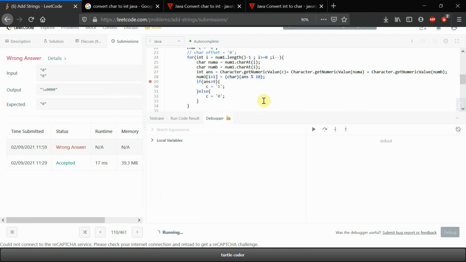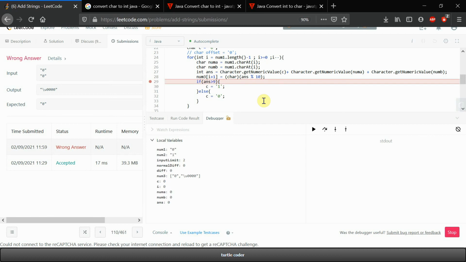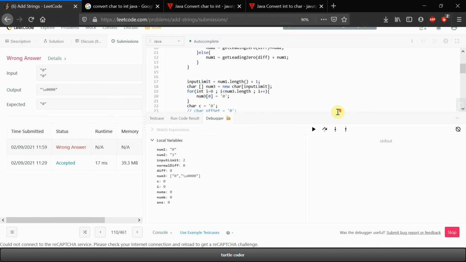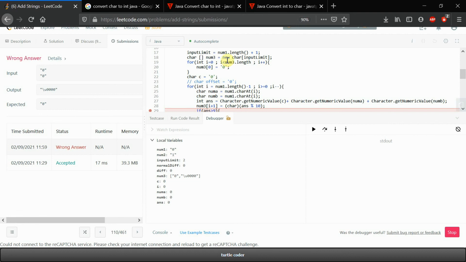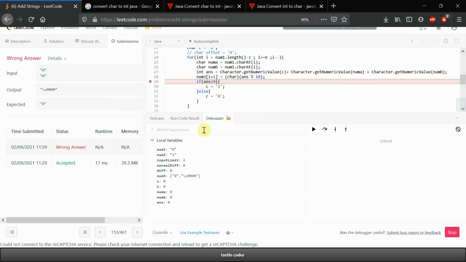Debug. num3, that's bad. We shouldn't be actually running this loop, or should we not? Yes, I think we should, but let's see what happened over here. The value didn't get updated.